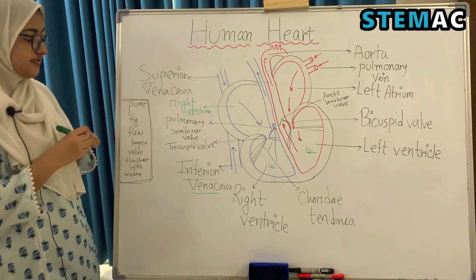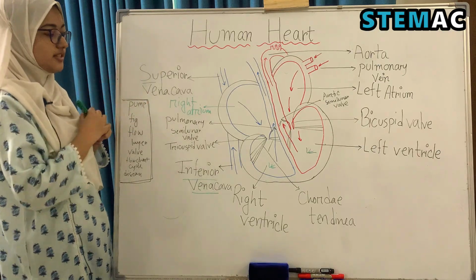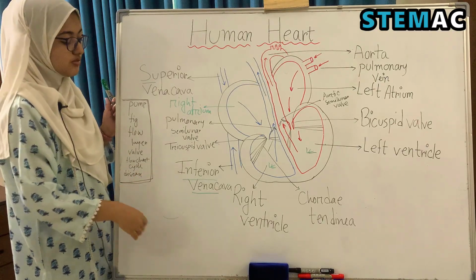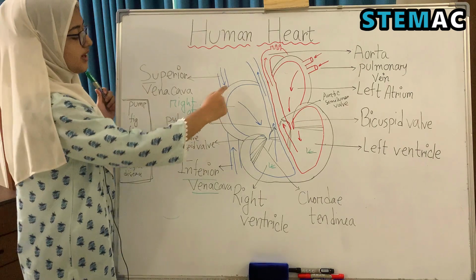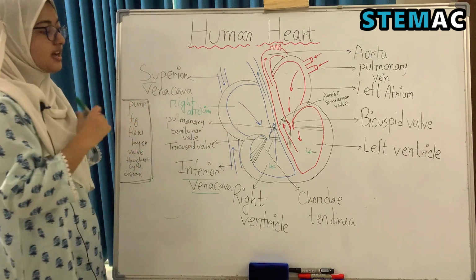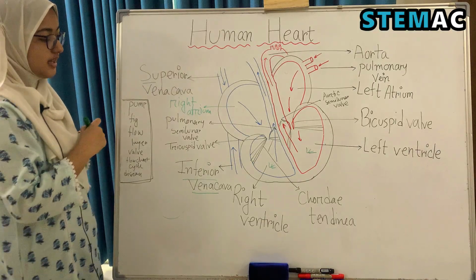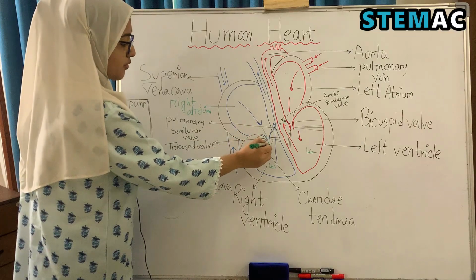First of all, we have said that the superior vena cava takes the blood from the upper side of the body and the inferior vena cava takes the blood from the lower side of the body. So they come towards the right atrium first. After coming to the right atrium, the blood comes to the right ventricle through this way.